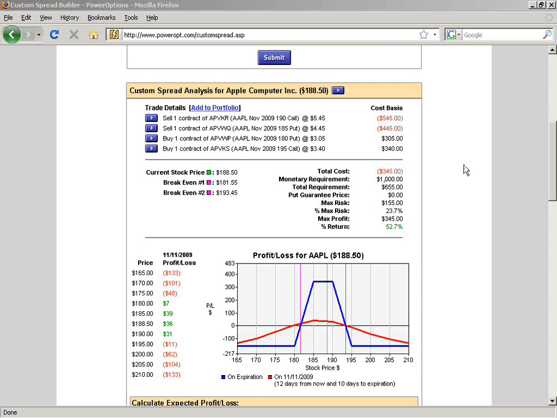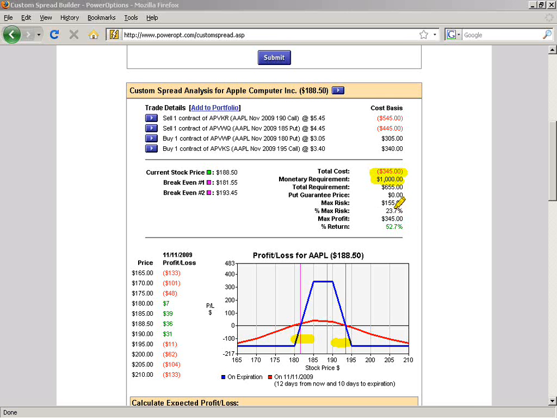Because I had to buy the call and buy the put, what total credit I receive is now $345 instead of $990. But because I only have a 5-point difference in spreads between the 190 call and the 195 and the 185 put and the 180, I've greatly reduced my requirement. I'm only required to maybe have $1,000 on hold in my account to place this trade.